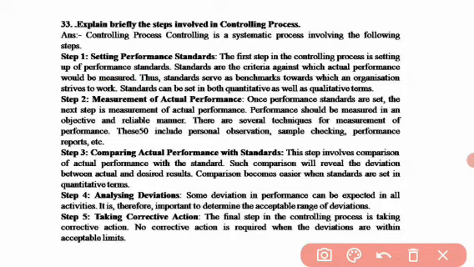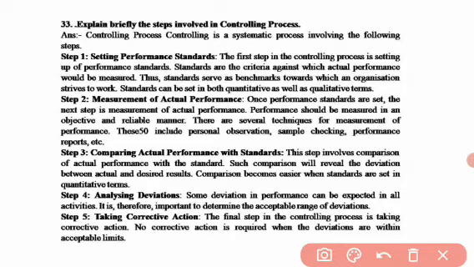Because the standards can be set in both qualitative and as well as quantitative. The standards serve as benchmarks towards which an organization strives to work. The standards means the rules and regulations are to be fixed for the employees to control over the organization.